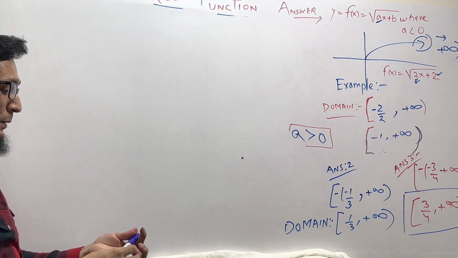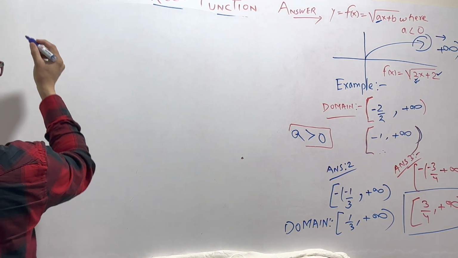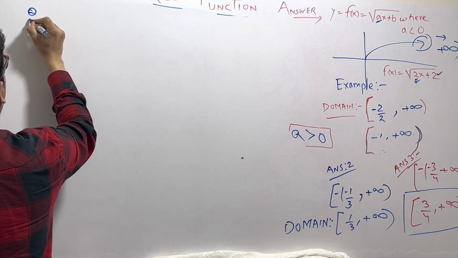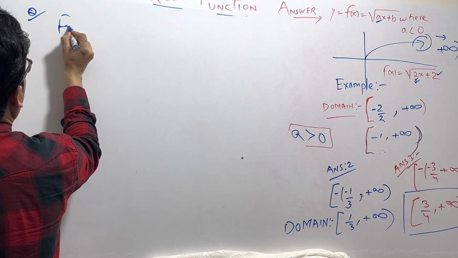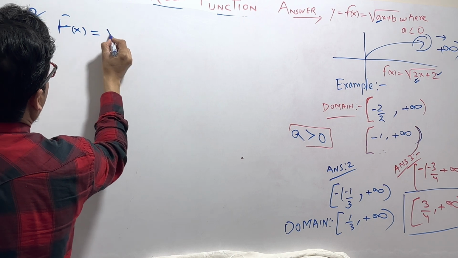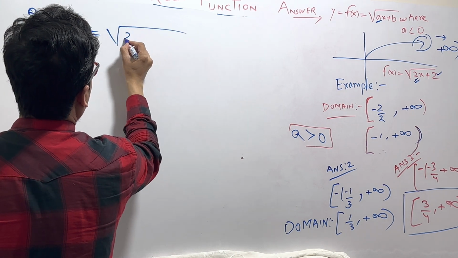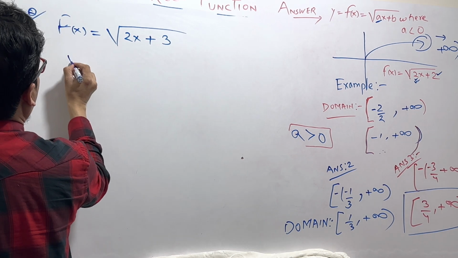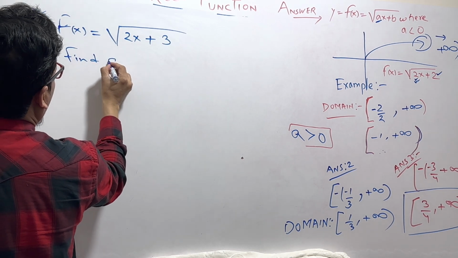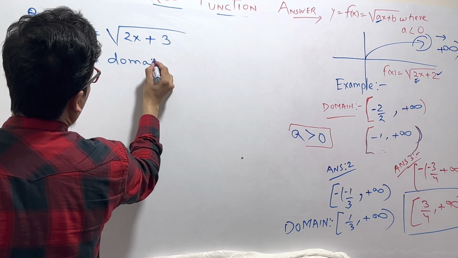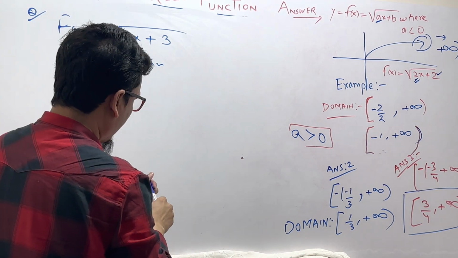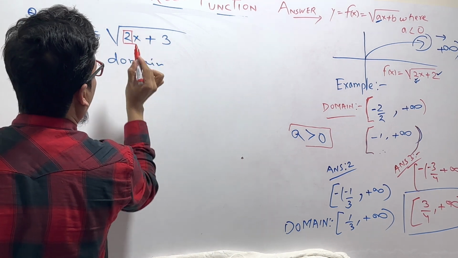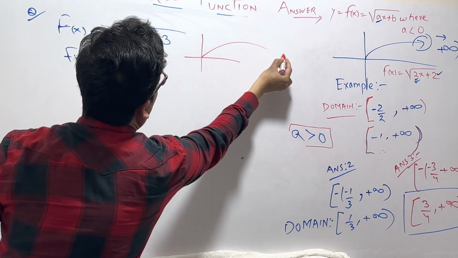Okay, for example, now I have this question. Any question you can give me. For example, we have a question, f(x) which is 2x plus 3, and the question is find the domain. As you can see, this is 2, which is greater than 0. You must know the direction will always be this side.